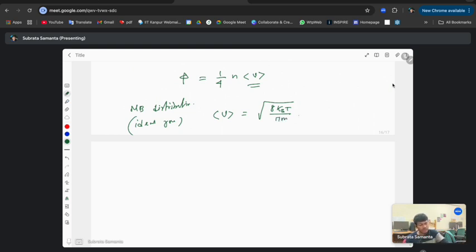And the flux phi is 1 over 4 n times v average.